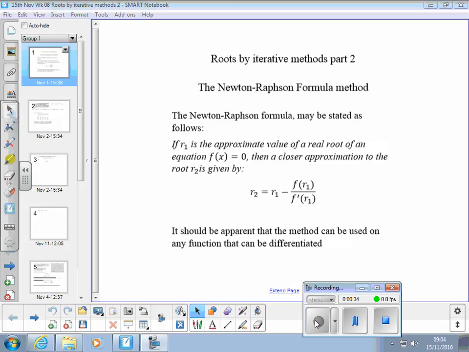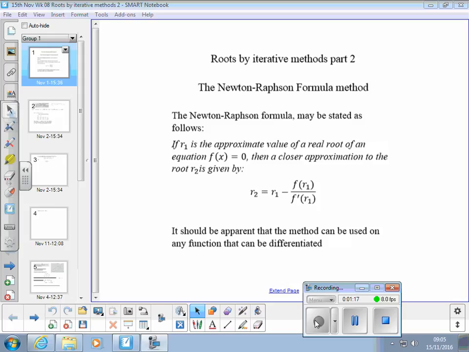It says, if little r1 is the approximate value of a real root, so we're looking at starting off with an initial guess like we did with the bisection method, of an equation f(x) equals 0, then our closer approximation to the root, r2, is given by r2 equals r1 minus the function's value at r1 divided by the derivative's value at r1.